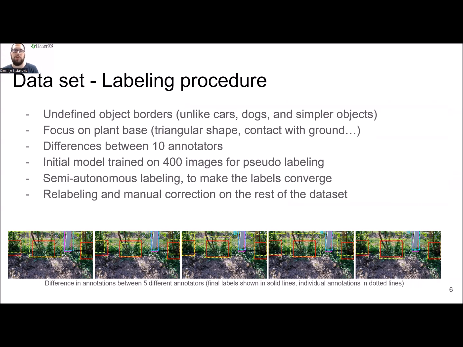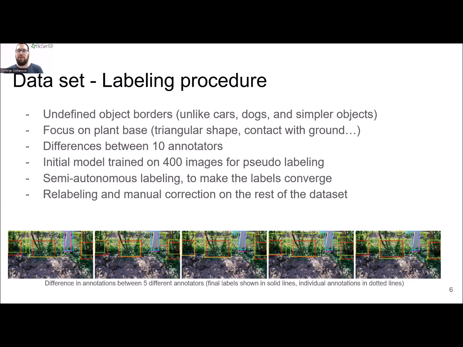For bushes, the plant base was the region of interest that we annotated using bounding boxes, where we tried to catch the information about the triangular shape of bushes and their contact with the ground. For poles, the task was much easier as they are simpler objects. These images were divided into 10 subsets, and each was labeled by a different annotator.